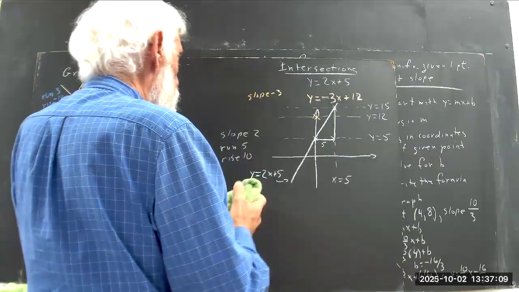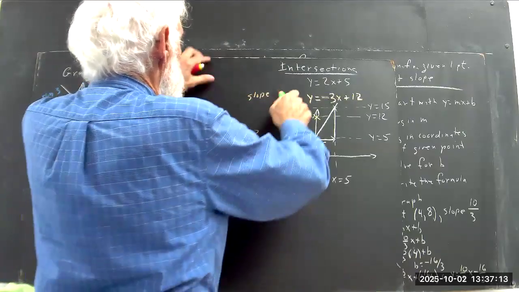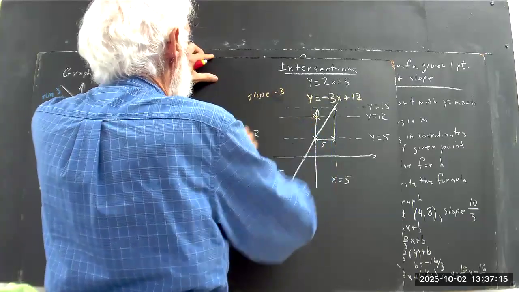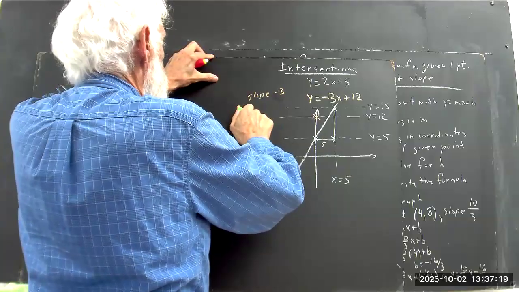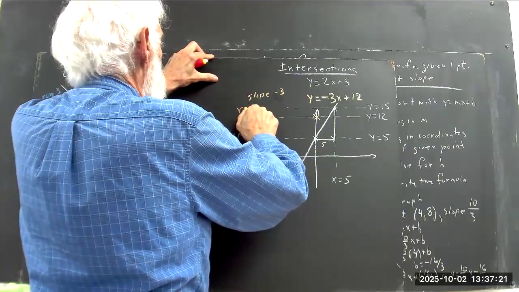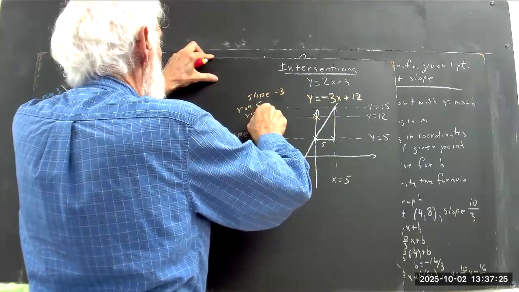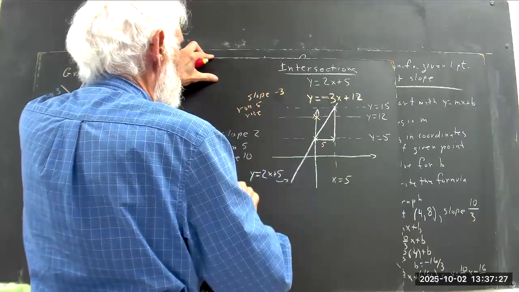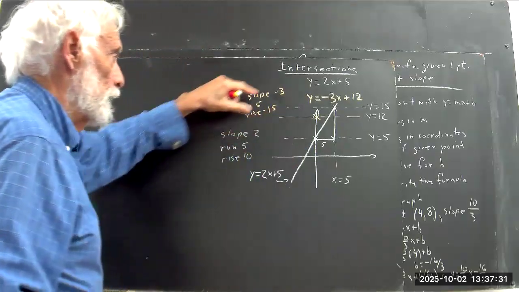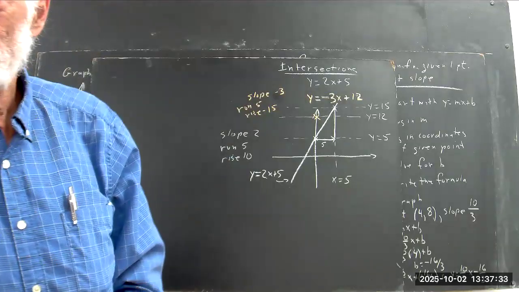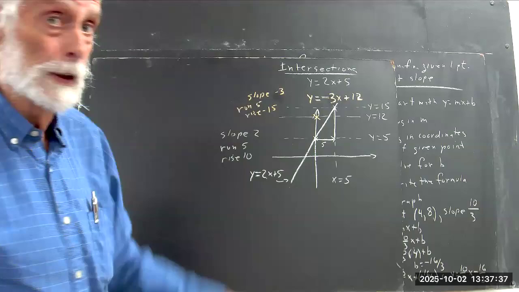So let's use a run of 5. But a rise then would have to be negative 15, because rise over run has to be negative 3. So I choose the run first, and then I multiply it by the slope to get the rise.